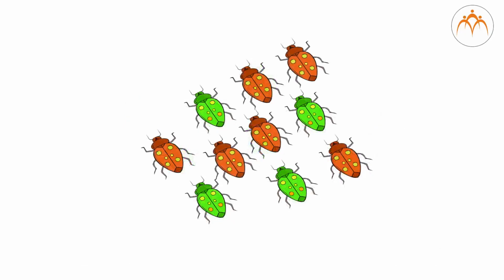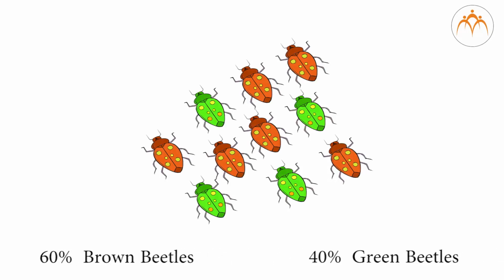It was observed that the proportion of green to brown beetles has changed after several generations. The brown beetle percentage has increased and the green beetle percentage has decreased compared with the first generation. Now there are 60% brown beetles and 40% green beetles.